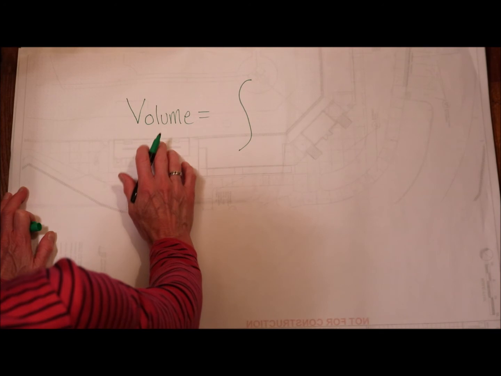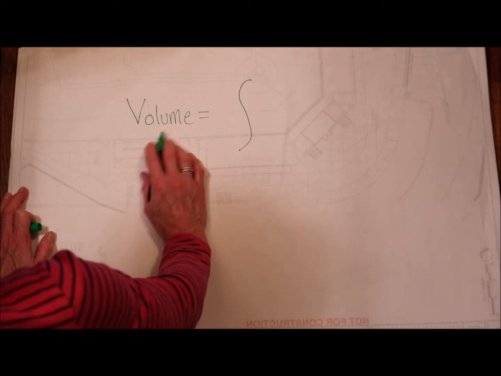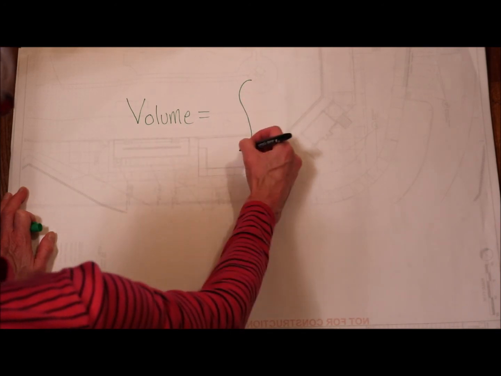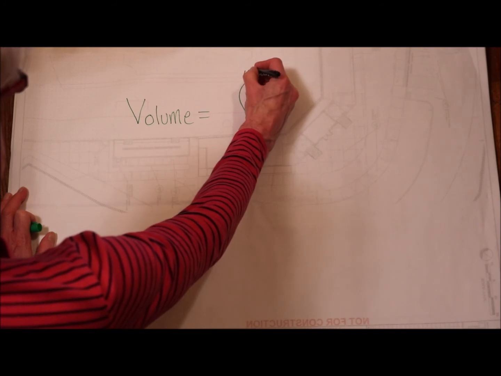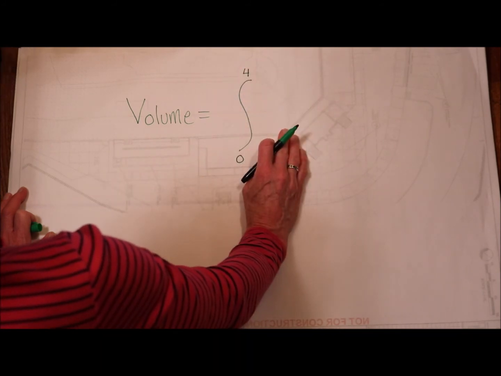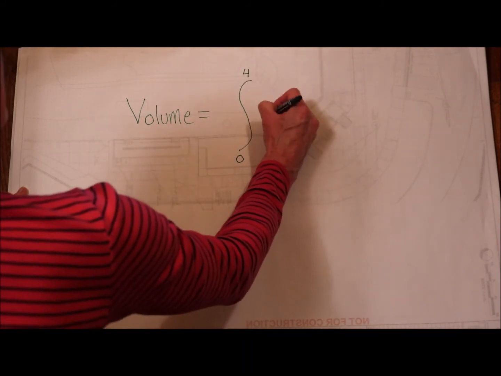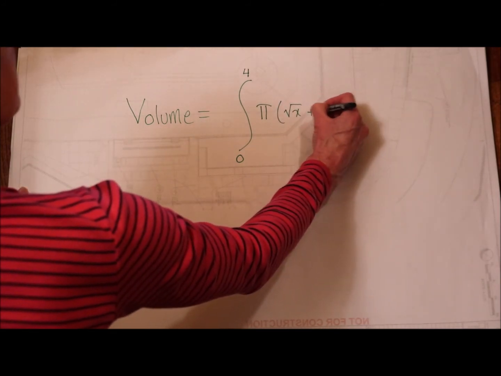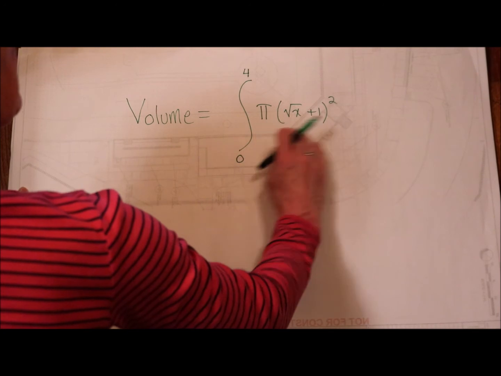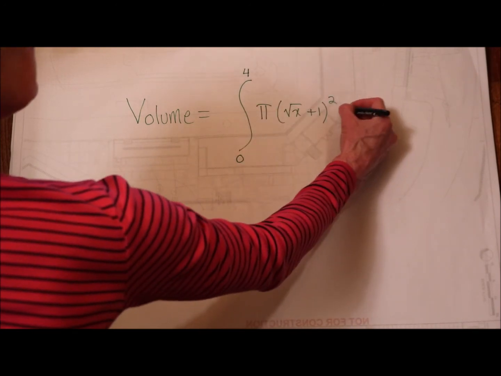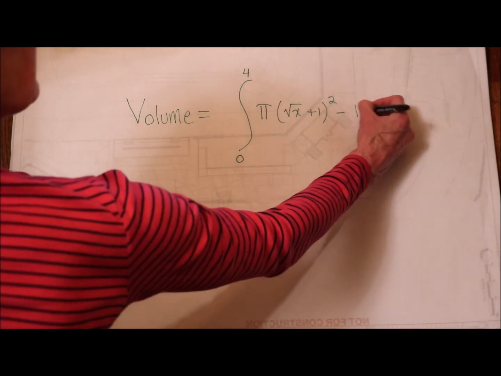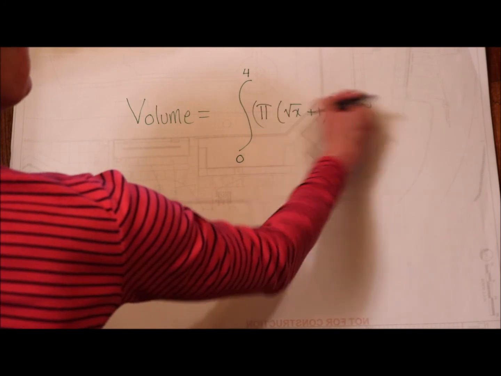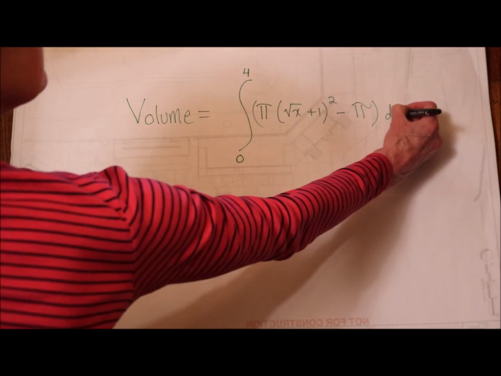Let's see what that's going to look like. So here I go. The volume is going to be the integral from 0 to 4 of, let's see, I had pi times the square root of x plus 1, quantity squared. There's the area of the big circle minus the area of the little circle, dx.